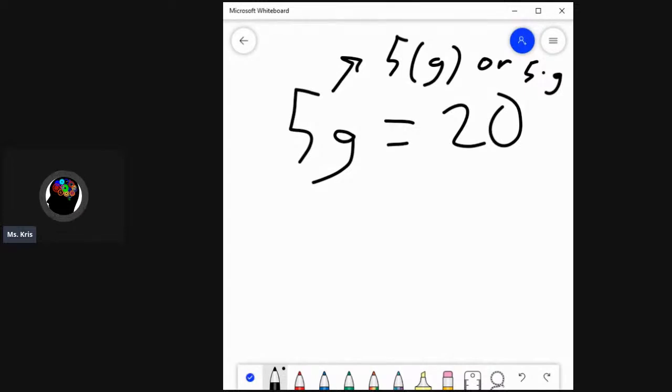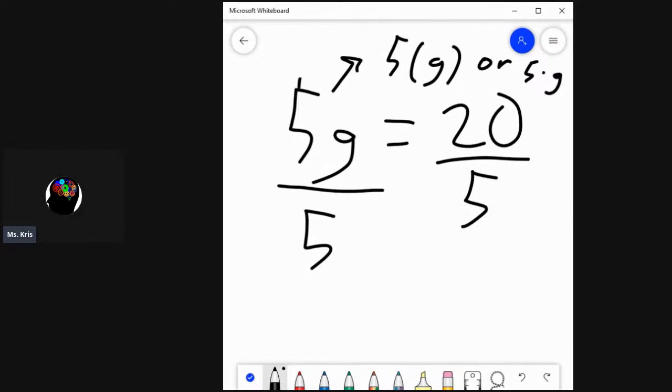So, how do we get g by itself? Well, in order to get g by itself, you will divide by 5 on both sides of the equal sign. And of course, 5 divided by 5, that will cancel each other, or if you prefer, you can write 1g because 5 divided by 5 is 1, and then equal to 20 divided by 5 or 20 over 5, or what times 5 gives me 20, that would be 4.